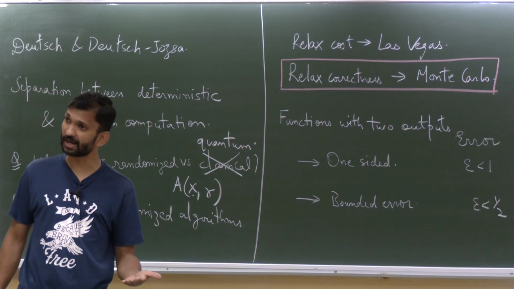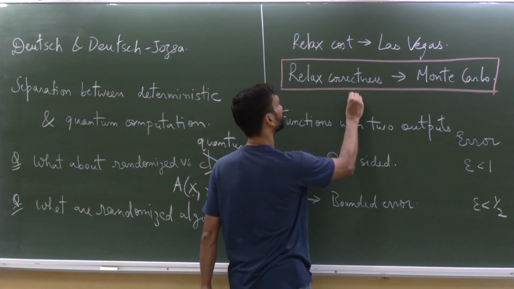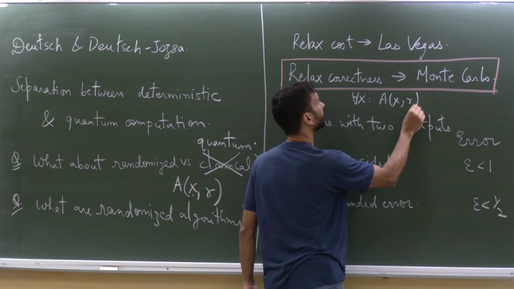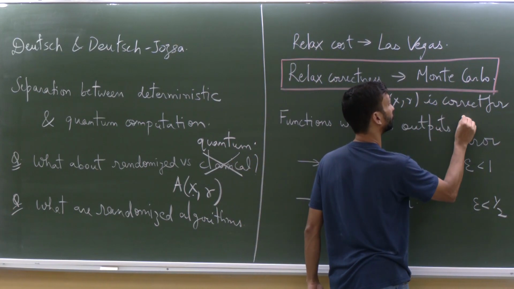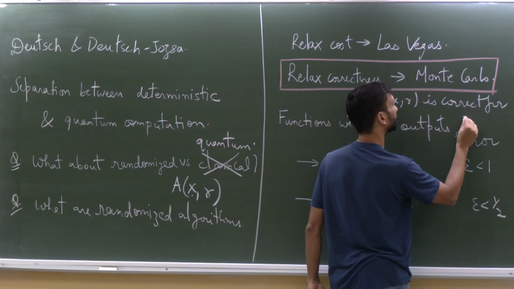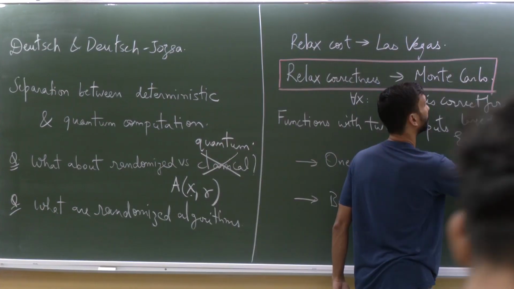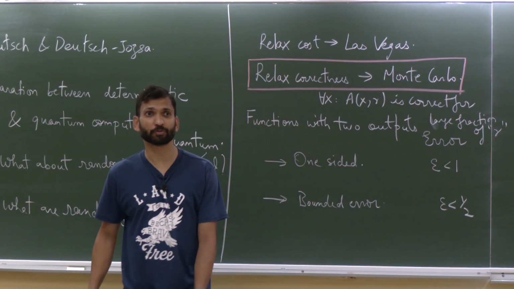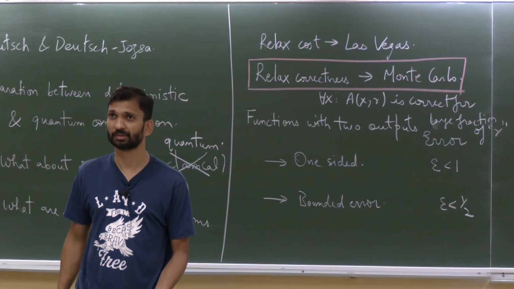Again, for all x, my algorithm should be correct for a large fraction of R. And this was the main model. And obviously, I had not defined what a large fraction of R meant, correct?